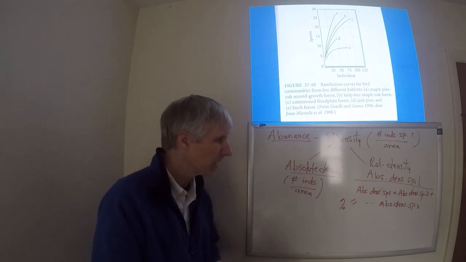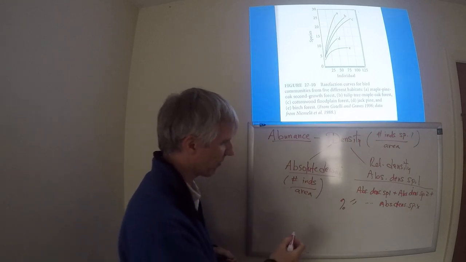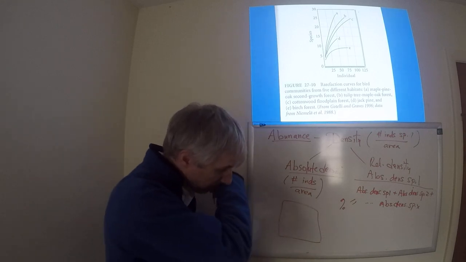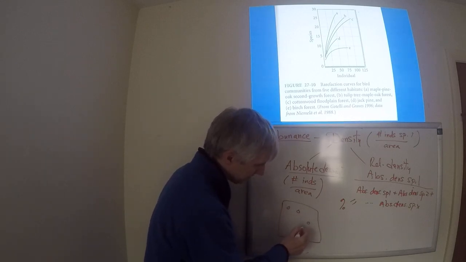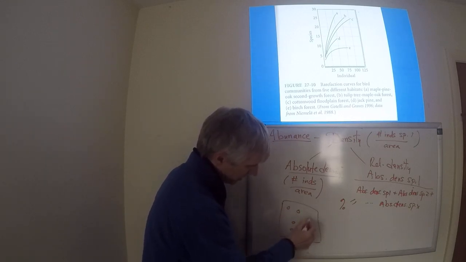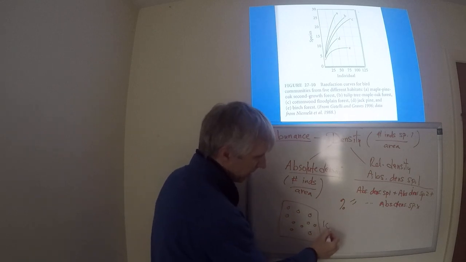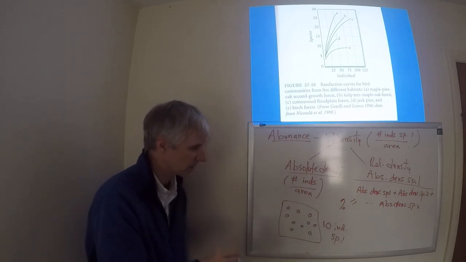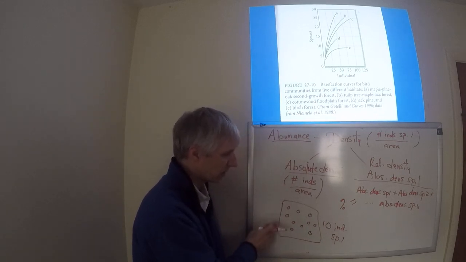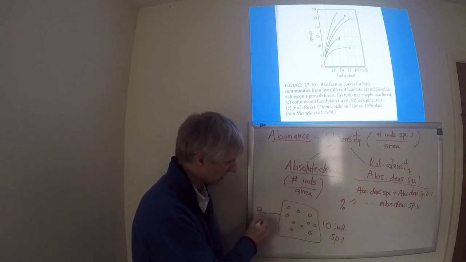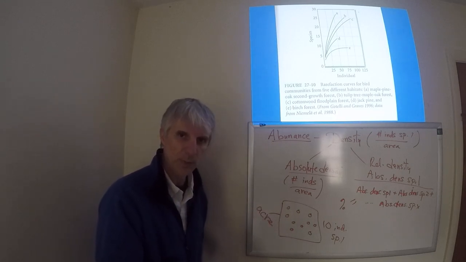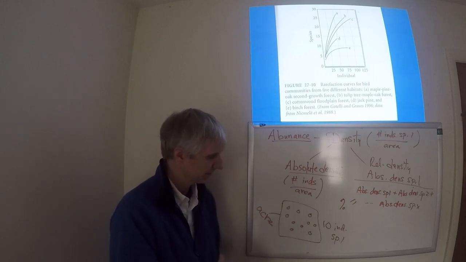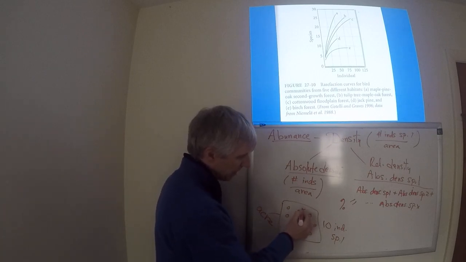Okay? So another way to think about this, let's say I have a forest here, and I went out and I counted 10 individuals of this species 1. Its absolute density would be 10 individuals per, and let's say this is an acre, that would be 10 individuals per acre. That's the absolute density. Right? Then what I would do is count up the number of individuals of everybody else.